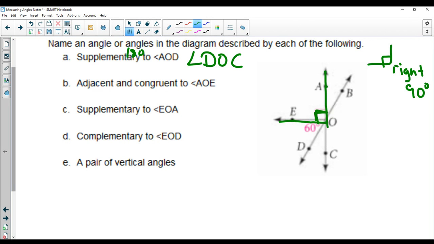I need to share one of these sides, and I want to be congruent. I want the same 90-degree angle measure that AOE has. Well, you can look back just a little bit. If you go from C to O to E, COE, that's another 90-degree angle, and angle COE shares this side OE. That's what my answer is going to be. I'm going to say angle COE.